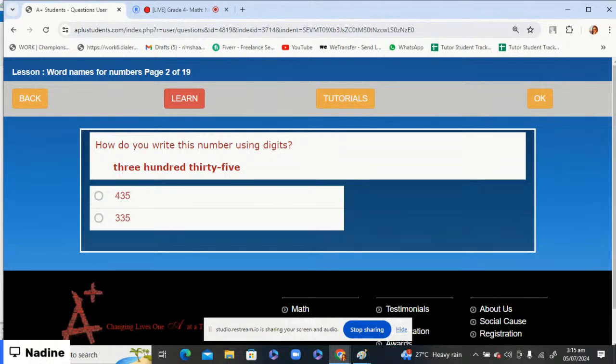Now tell me, how do you write this number using digits? 335. It's 300 and then it's 35. 335. Which one is the right option? Good.